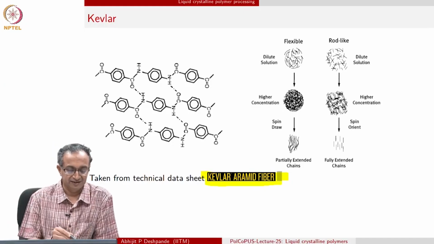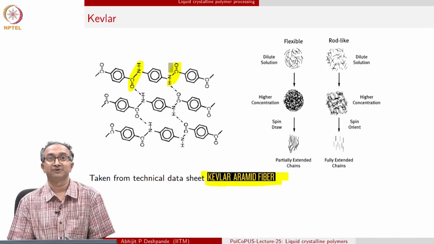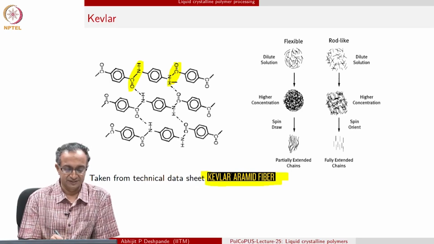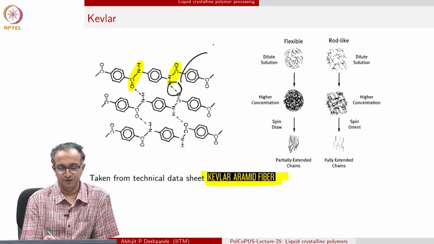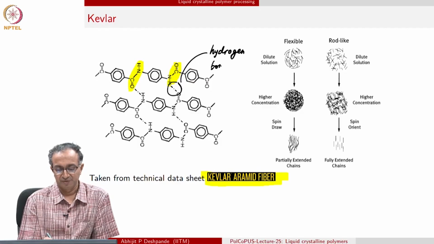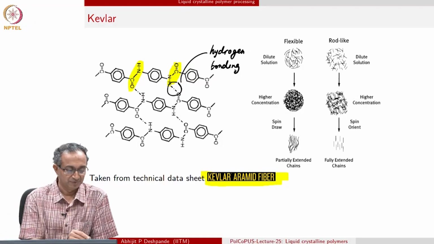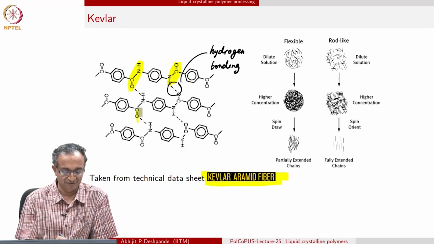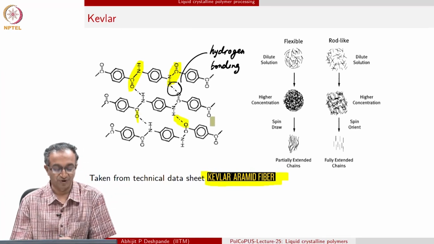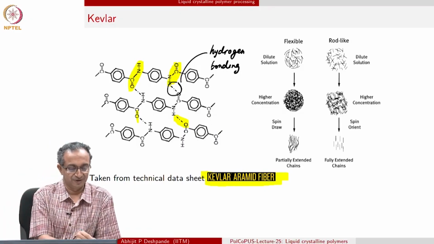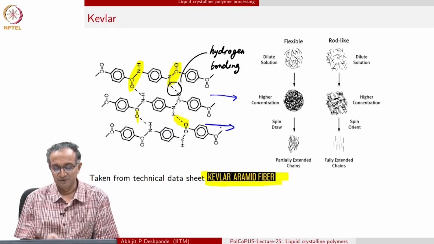In the case of Kevlar, if you notice these groups, you can answer the question on the previous slide, and the key feature here is the hydrogen bonding between these moieties. I am not going to name these moieties because I want you to think about the answer on the previous slide, but you can see that there is a stacking of these chains because of these strong interactions between different chains of polymer. And so you can see that there is therefore an orientational order present.